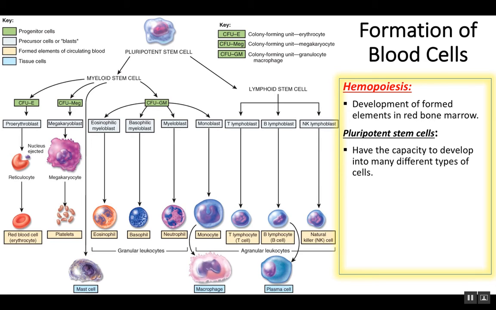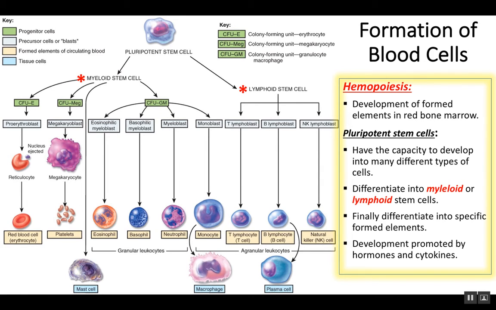What drives this is often hormones and other chemicals. So the environment in which these cells are in contain different chemicals that develop these cells into specific formed elements. One other important step is when a pluripotent stem cell differentiates into either the myeloid stem cell or the lymphoid stem cell.